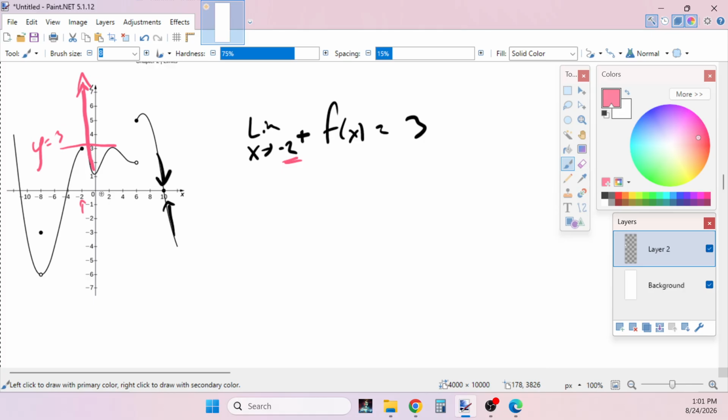Usually when we draw a graph this way, we mean that there's an asymptote there. The function's going off to infinity. This one is false. And then we have to write a reason why it's false to do the problem. So f of x goes to infinity as x goes to -2 from the right.